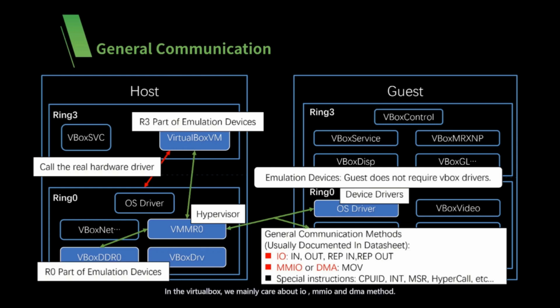In VirtualBox, we mainly care about the I/O, MMIO, and DMA methods. Obviously, these instructions need to be run in ring 0 of the guest. So when we test a virtualization platform, we usually need to load a custom driver in the guest to do it.